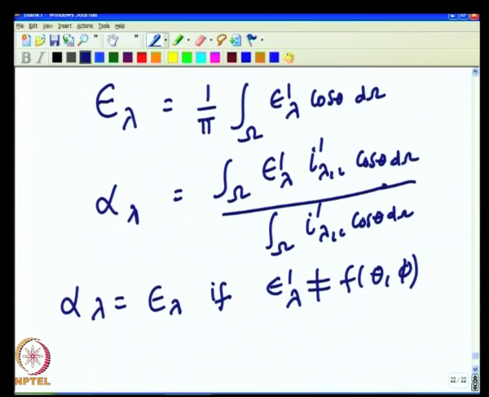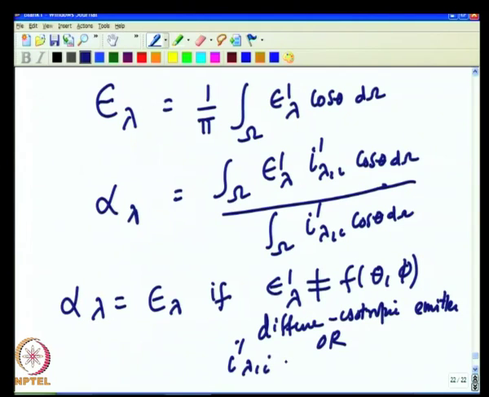That is, the surface emits diffusely and isotropically. The other possibility is that the incoming radiation is not a function of theta and phi.